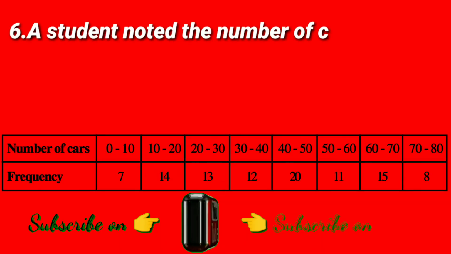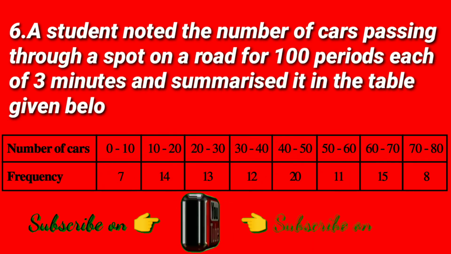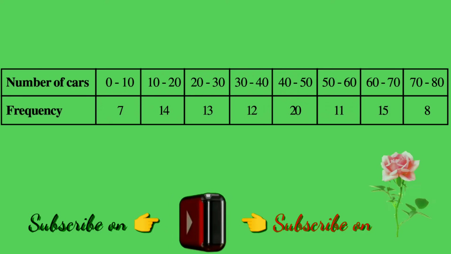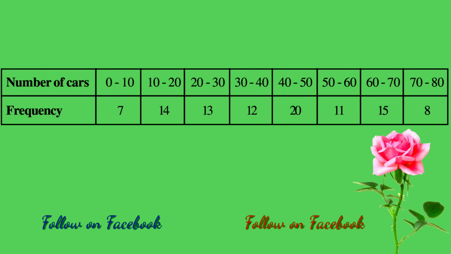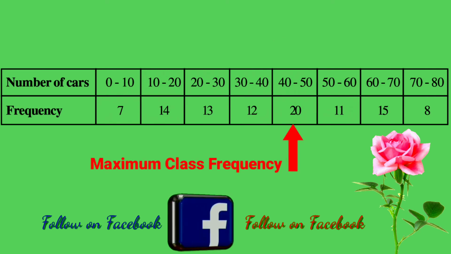Here we have a question that a student noted the number of cars passing through a spot on a road for 100 periods, each of 3 minutes, and summarized it in the table given below. Find the mode of the data. Here from the table, we have observed that the maximum class frequency is 20, belonging to the 40 to 50 class interval.